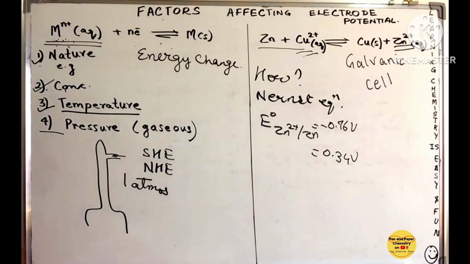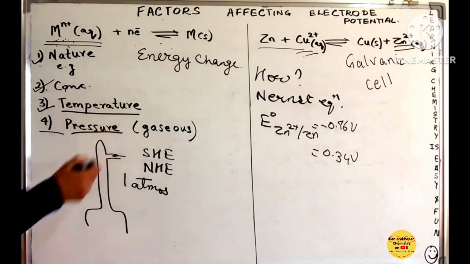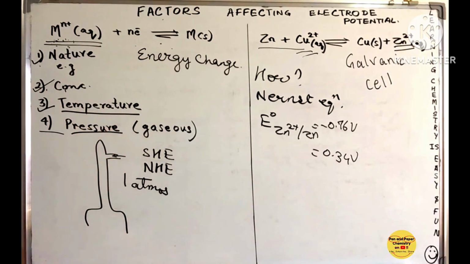There are other electrodes as well where gaseous substances are involved. So pressure is another factor which affects the electrode potential as well as the EMF of a cell involving gaseous substances. Now let us move on to the most important factor, concentration.